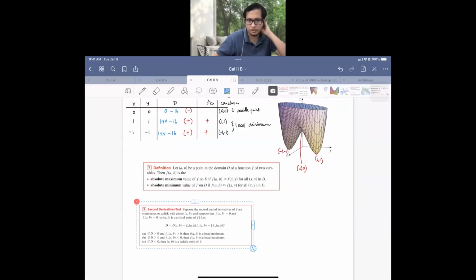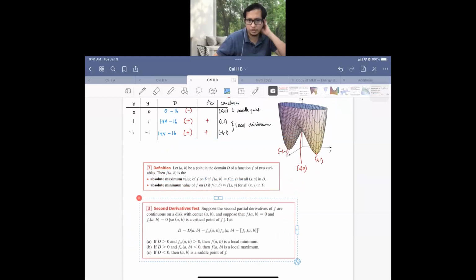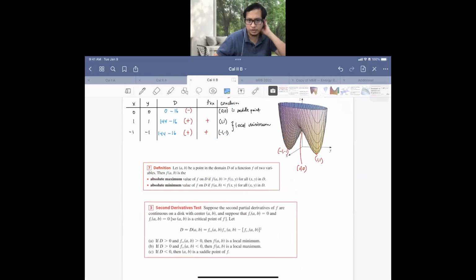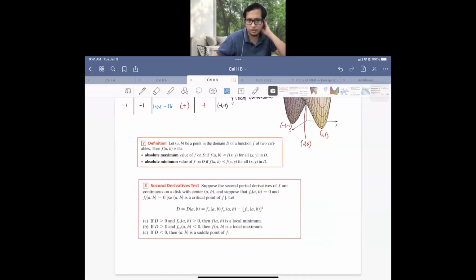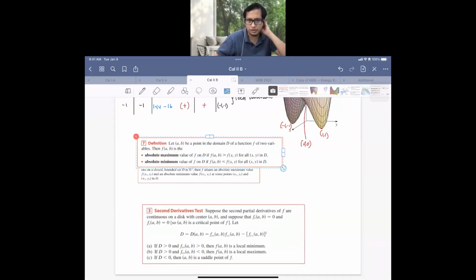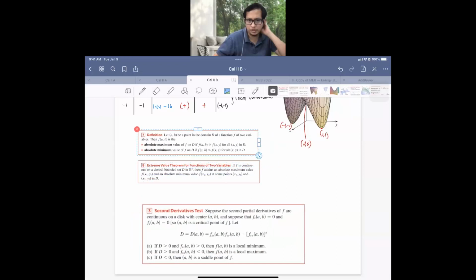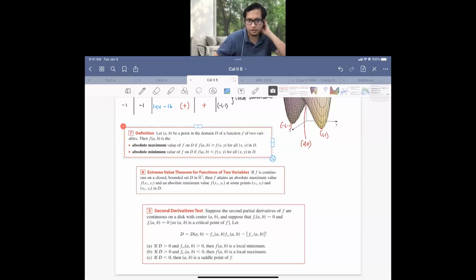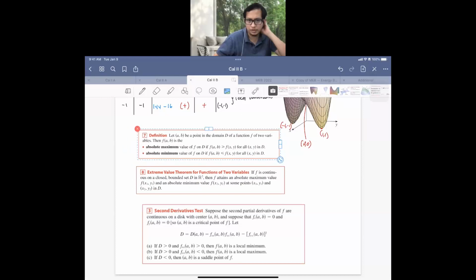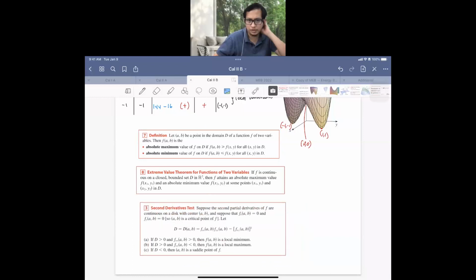And this is the second derivative test that we have, if you would like to have clearer words. I think this should be here. Okay.